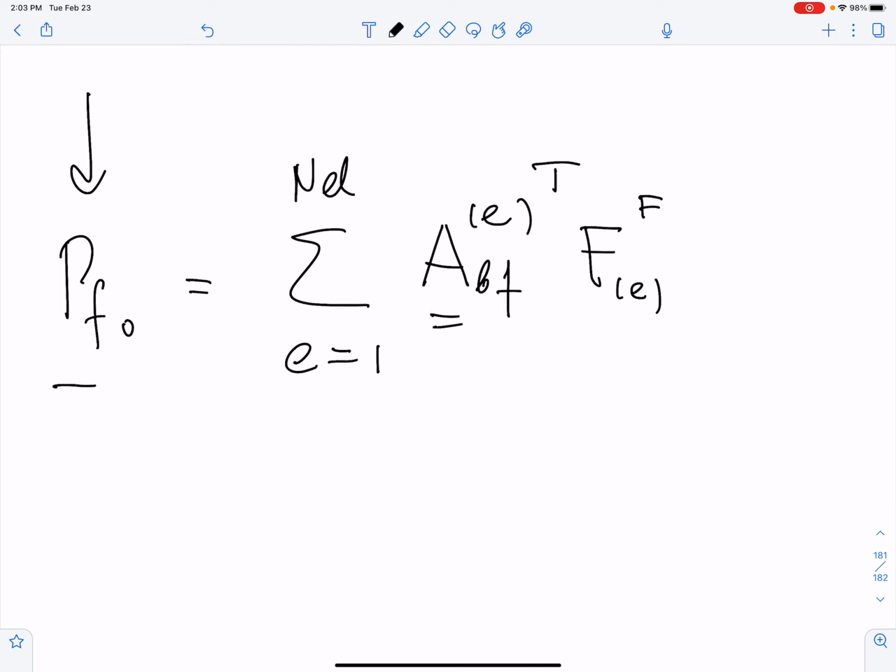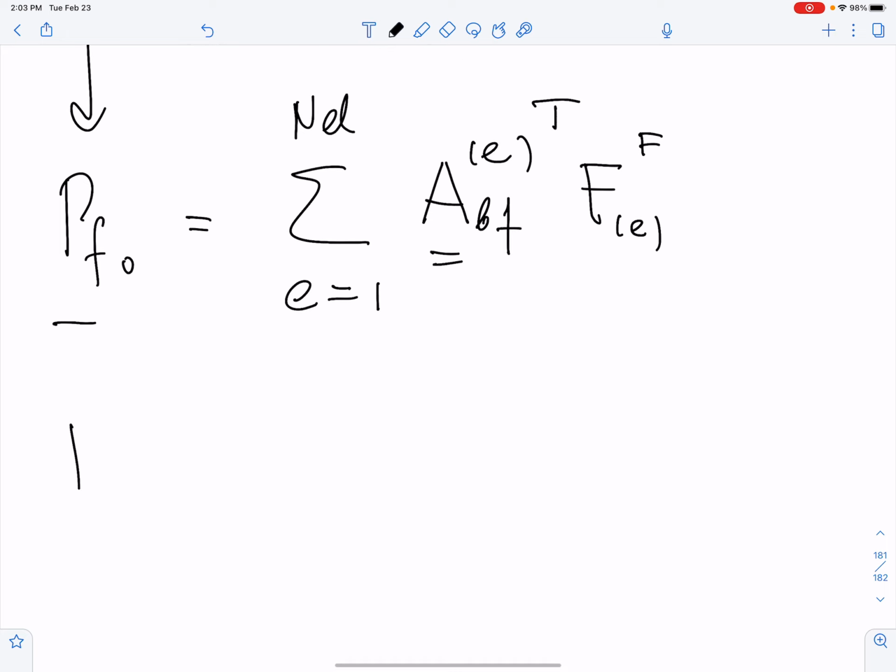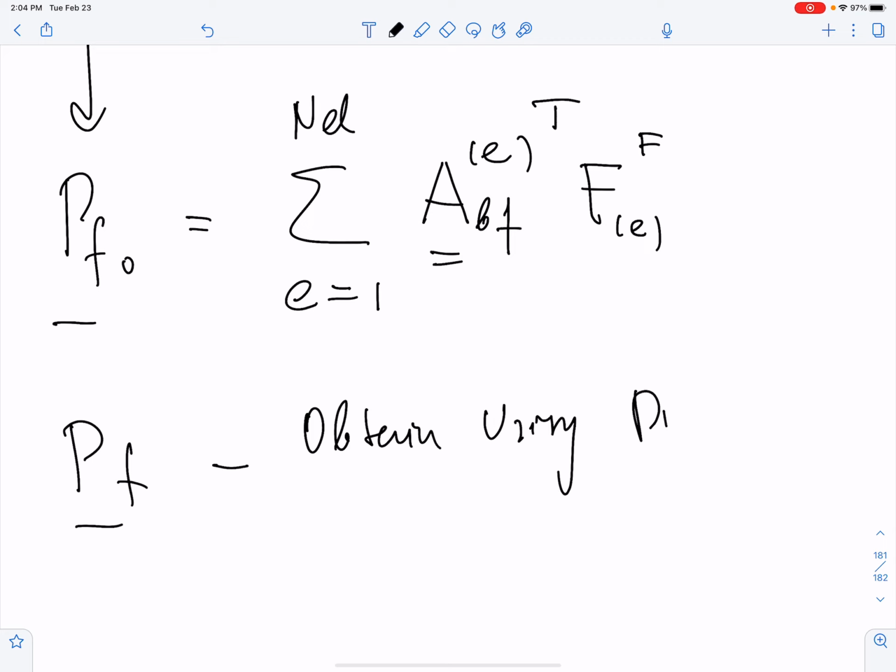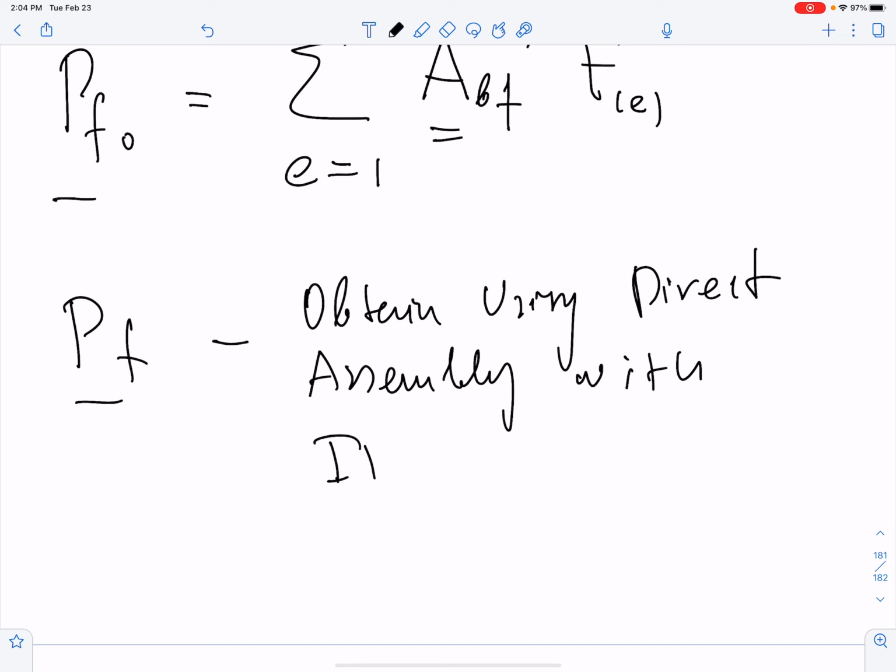Or PF0, you can obtain it using direct assembly with ID arrays. And that's what you do in the code.